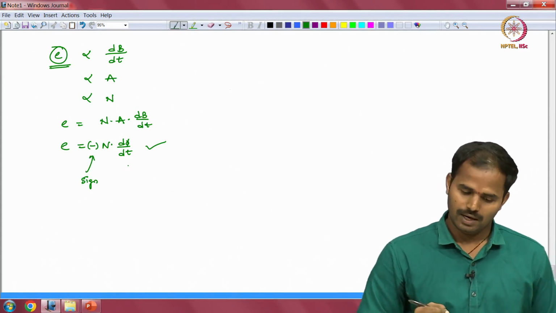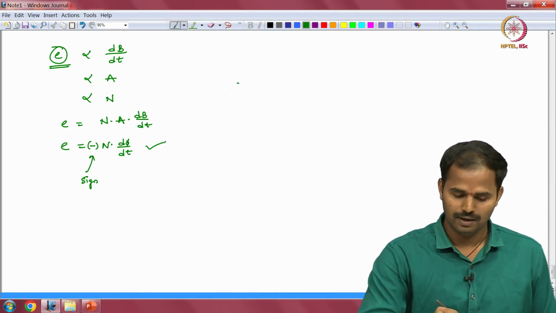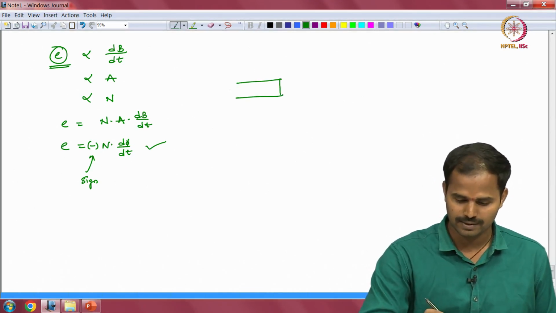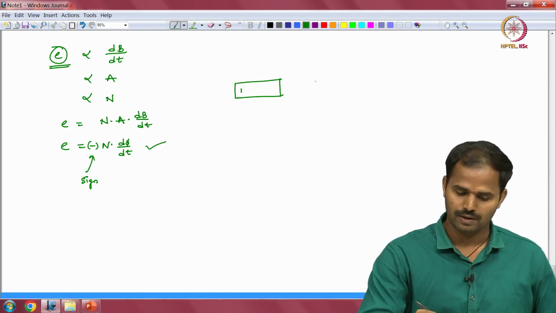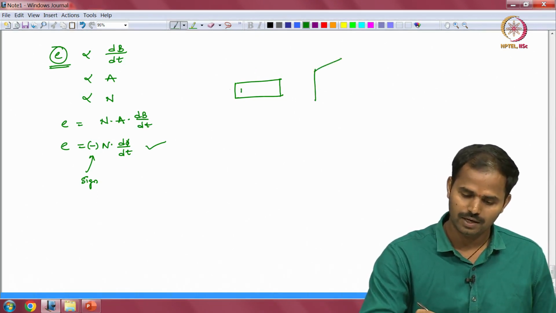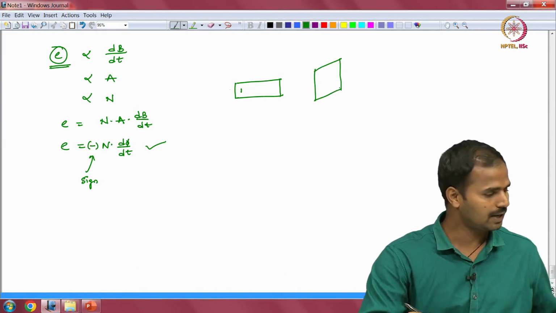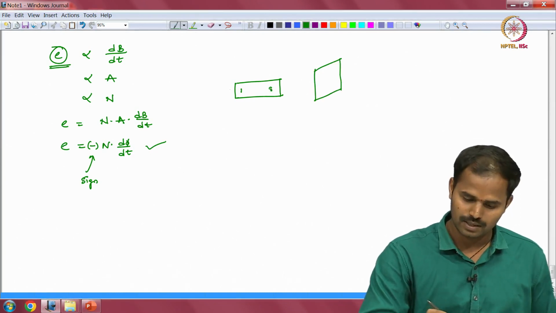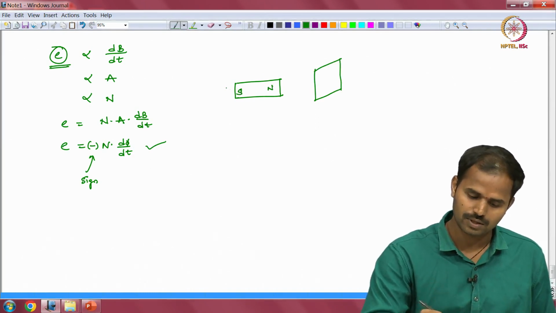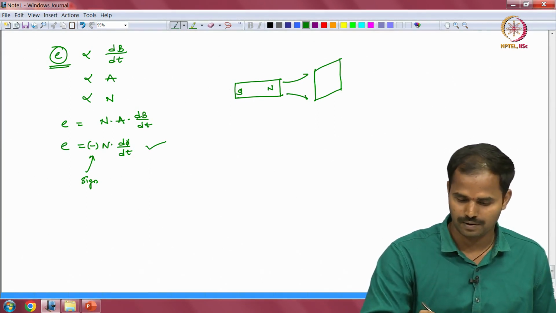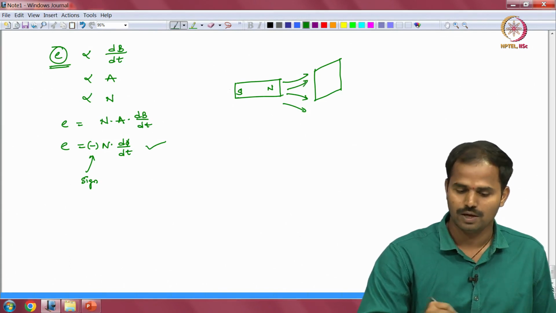Let us consider a simple example: this is a magnet, and we are bringing it in and out of an electric circuit. Consider this is north and this side is south, and we are bringing it in.